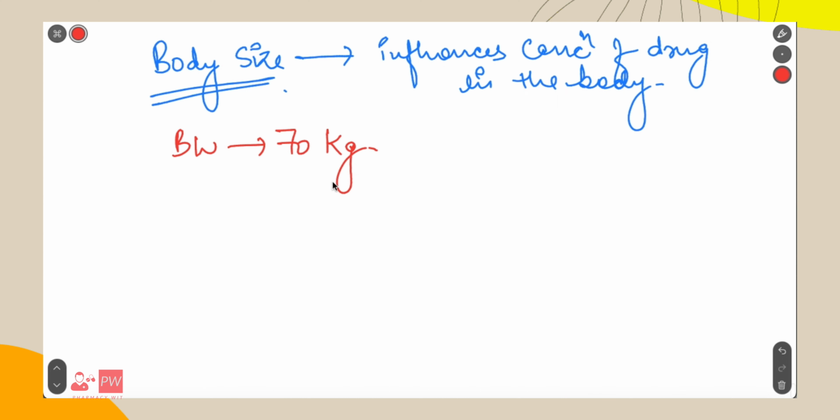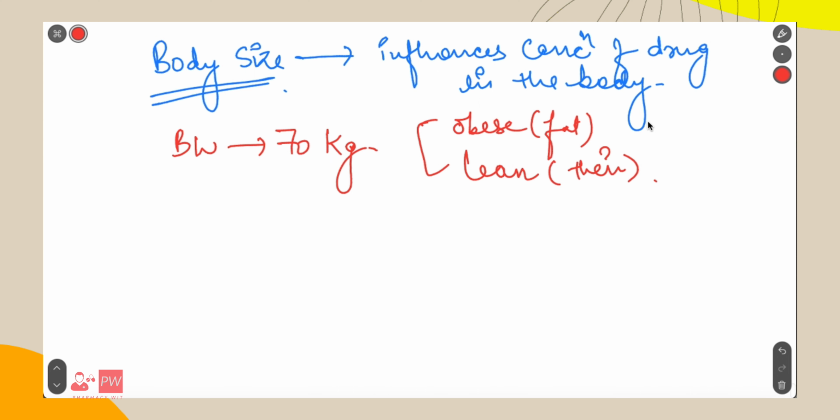As exceptions, there are the obese, that is a fat patient, or a lean, that is a thin patient. But the average body weight of the adult is 70 kg. Another method for dose calculation is according to the body surface area.